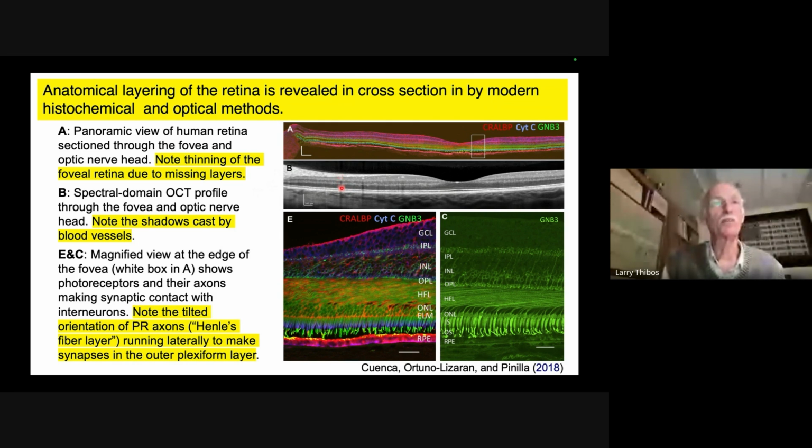But look what's below them. There's a black line extending down. That's the shadow created by the imaging light that's used to collect this OCT profile. So there's a shadow being cast by the opaque blood vessels, and that was the feature of the retina that Müller depended upon in order to make his discovery.